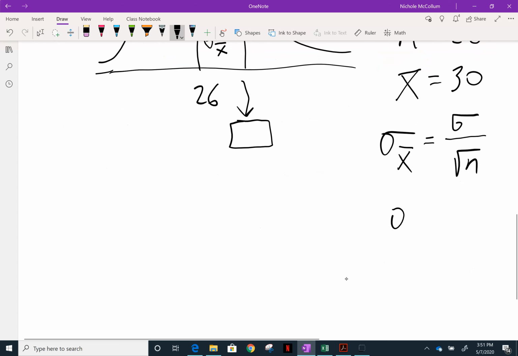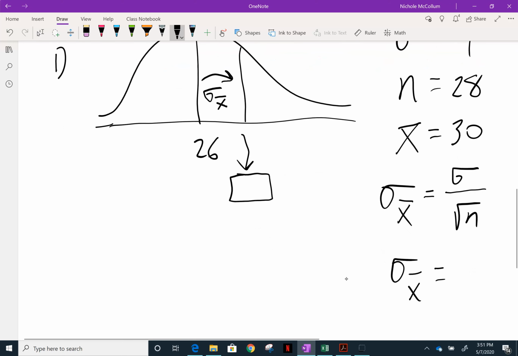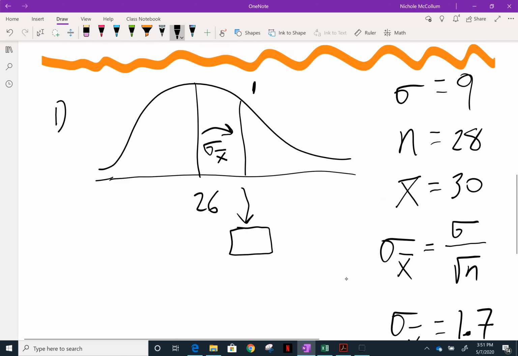So in our case, we would take 9 and divide it by the square root of 28. So 9 divided by the square root of 28, giving us 1.7. Notice the spacing. It's 1.7. So on this chart, I'm going to move by 1.7.